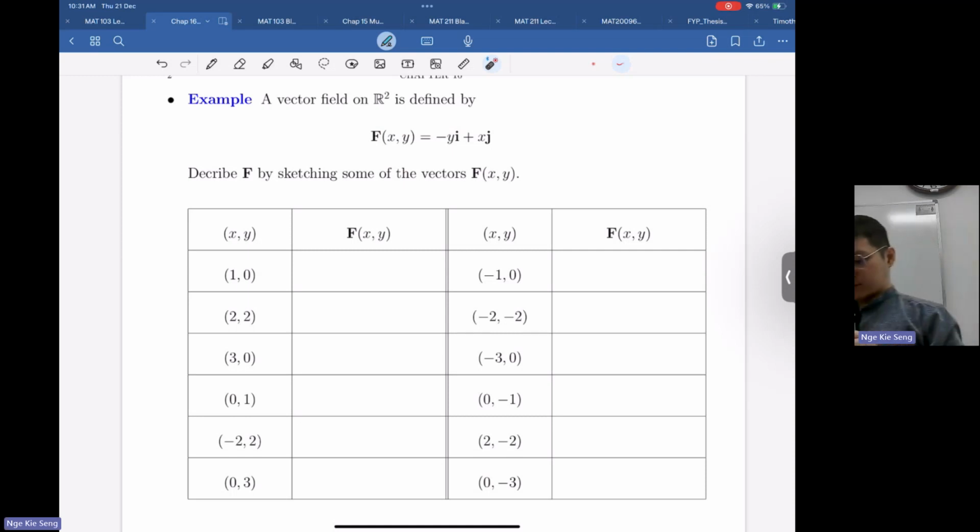I give you 5 minutes to compute all of them and then plot it. You have to try this, otherwise later you will get lost. You won't know what you are interpreting.